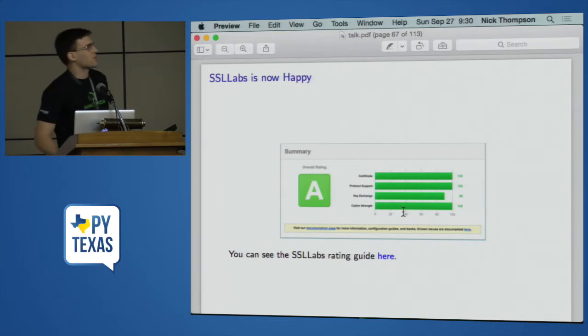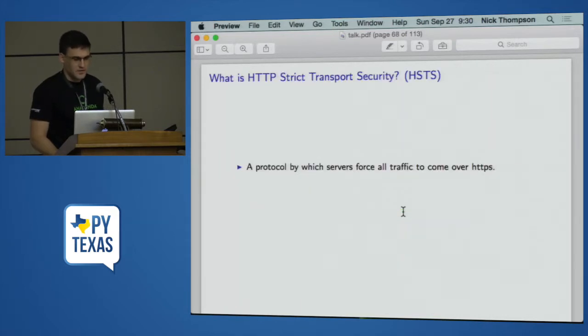Now, there's other things other than just your key protocols that are necessary for security, which include HTTP headers. So there's a new attack where a server would send all traffic over HTTPS.